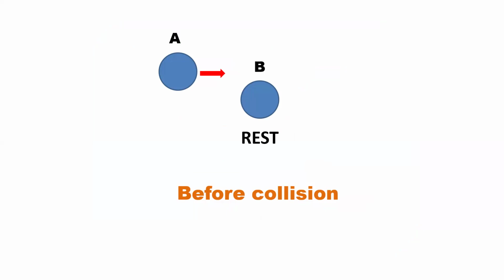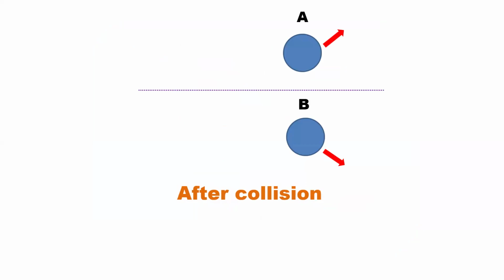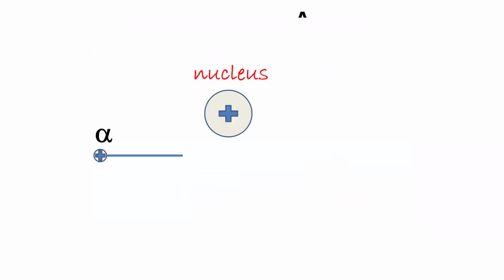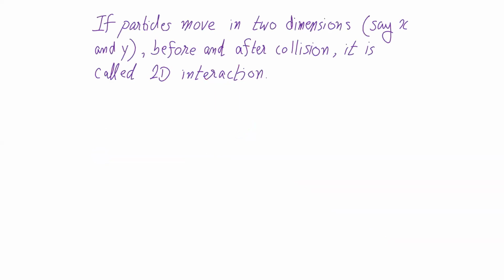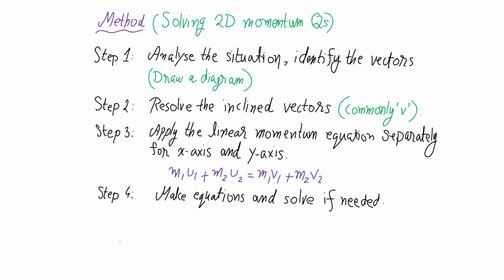In snooker or carom board, when they hit the ball with a disc or something, they move like this. When objects move on two axes, like an alpha particle approaching a nucleus and getting away by a distance, this is called 2D momentum. If particles move in two dimensions, say x and y, before and after collision, it is called 2D interaction.